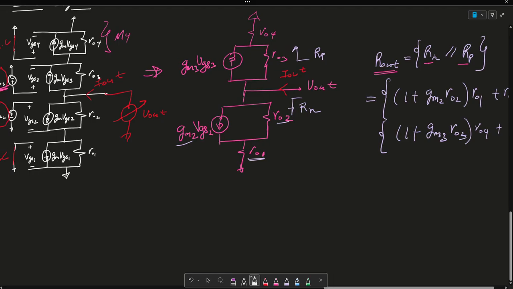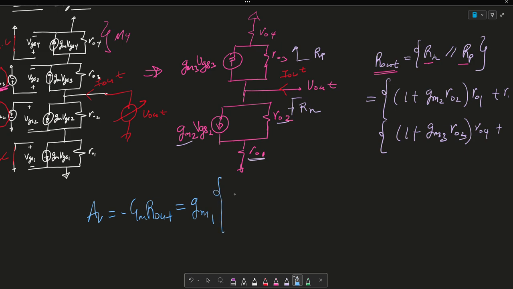Let's go ahead and write out the full equation for AV gain. It's going to be a long one. AV, which equals minus GM R out, is simply equal to GM1, which we solved from above.